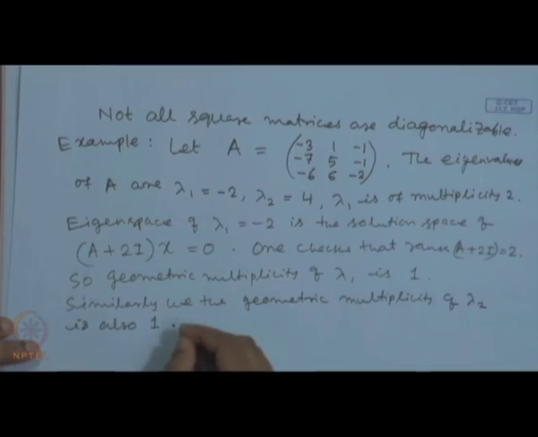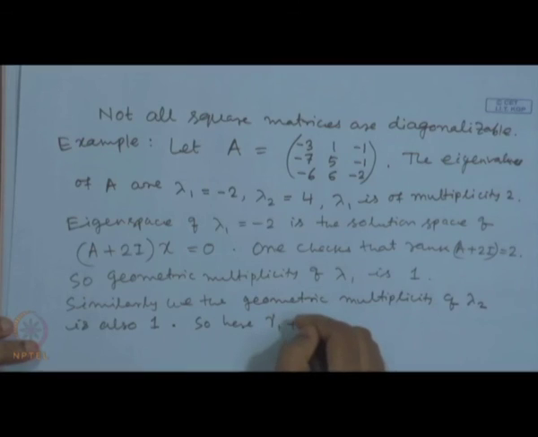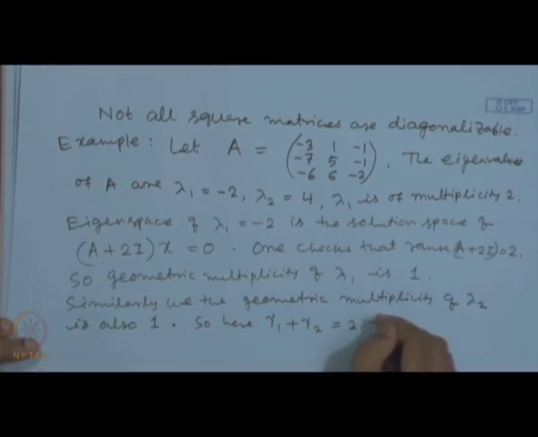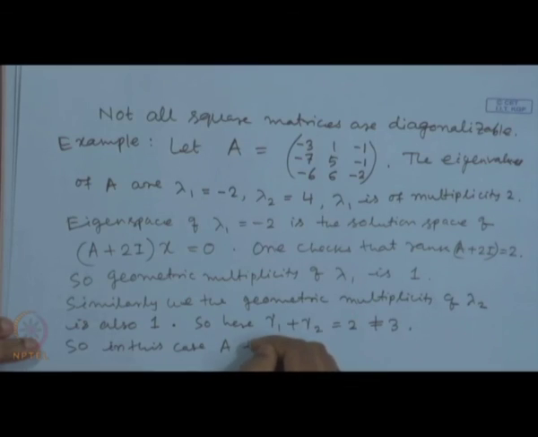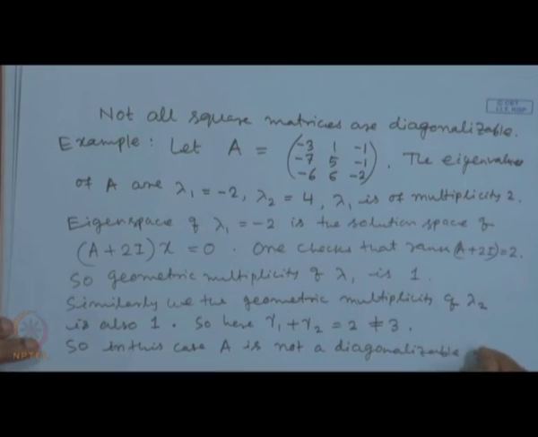Therefore gamma 1 plus gamma 2 is equal to 2, and that is not equal to 3. So in this case A is not a diagonalizable matrix.